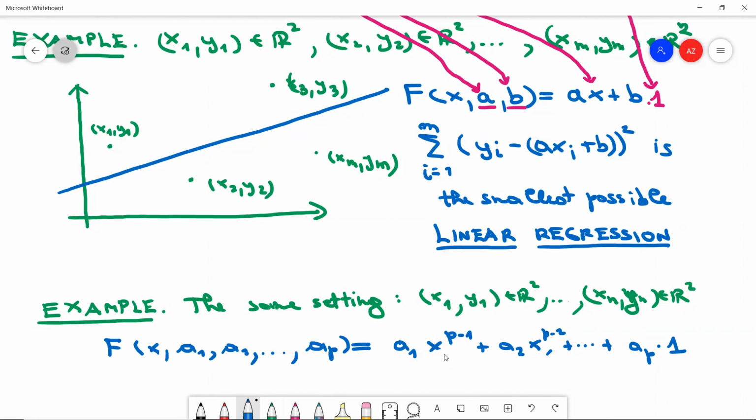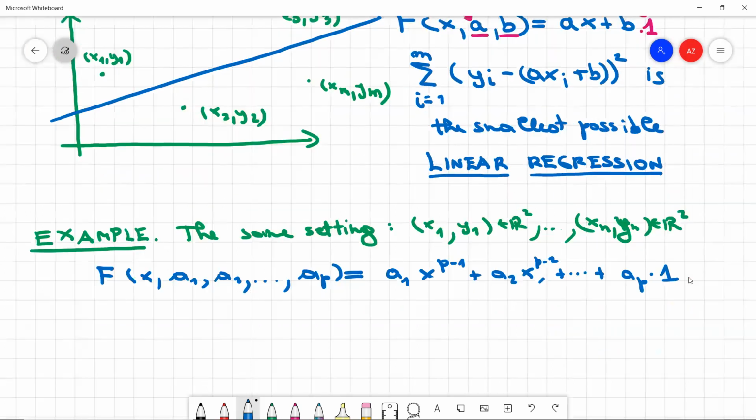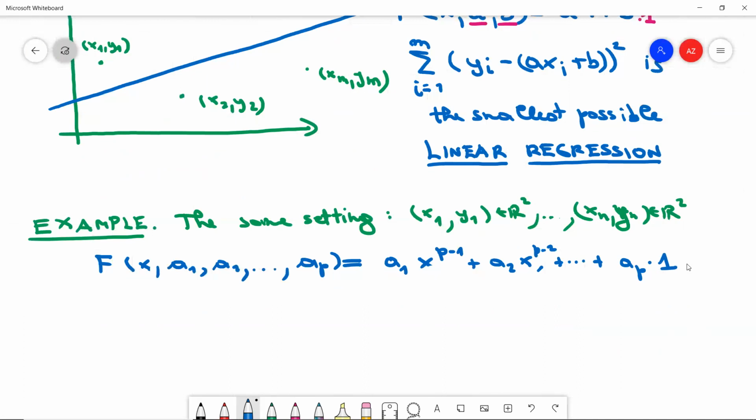So we have here polynomial regression. We have phi1 of x is x to the power of p minus 1, then phi2 of x is x to the power of p minus 2, and so on. So this is polynomial regression.